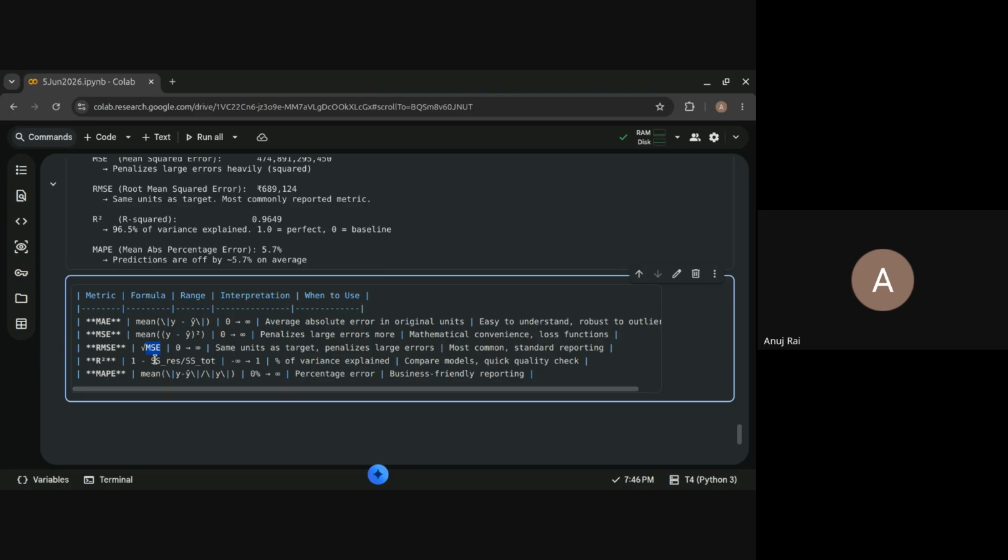Then R square is your regression relative to your total variance, whatever kind of model was used to train.